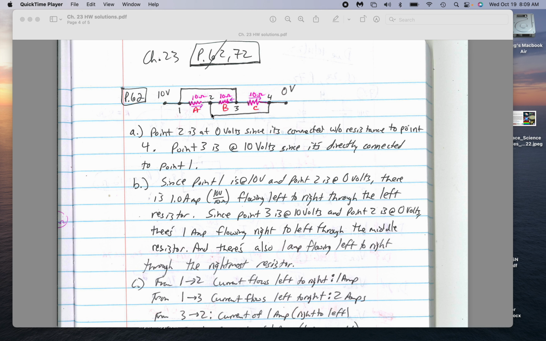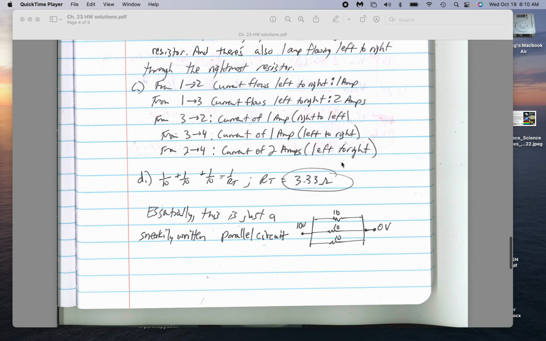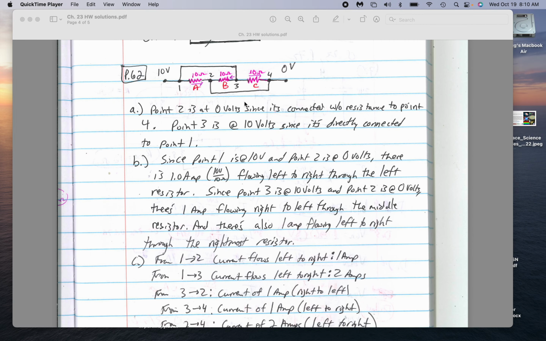The same way this wire would now have 2 amps because it has an amp coming into it as the current goes from 3 to 2 and has 1 amp coming into it as the current goes from 1 to 2. So these really deal with the junction rules. And honestly, if you look at it carefully, it basically comes down to a parallel circuit, which is annoying because it certainly doesn't look like that up here.